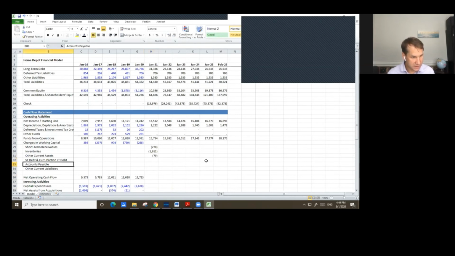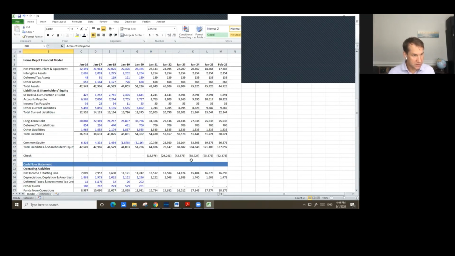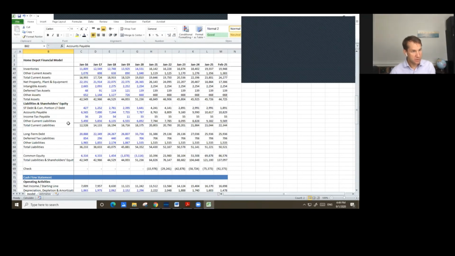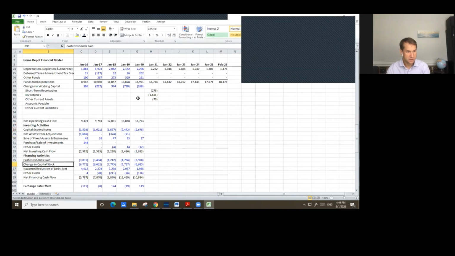When I was setting it up, I didn't do it correctly. Short-term debt shouldn't really be included. So on the liability side, I've got accounts payable, income tax payable. Oh, I deleted that, and then other current liabilities.